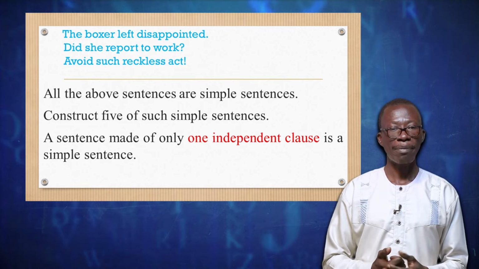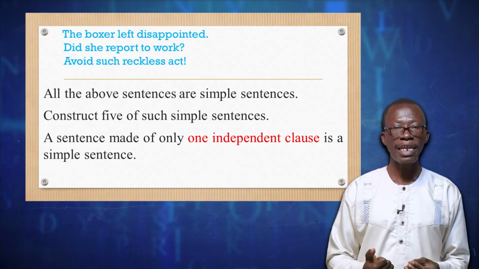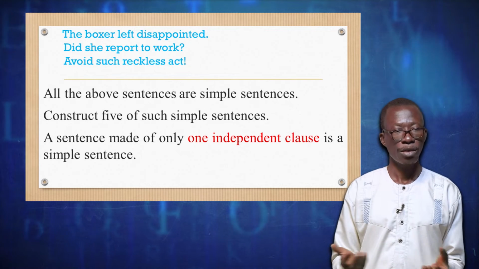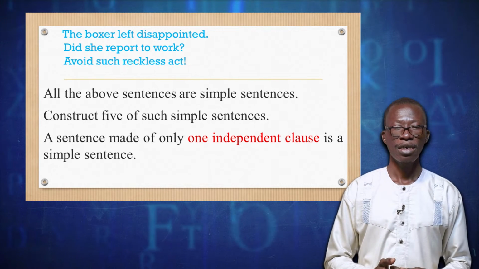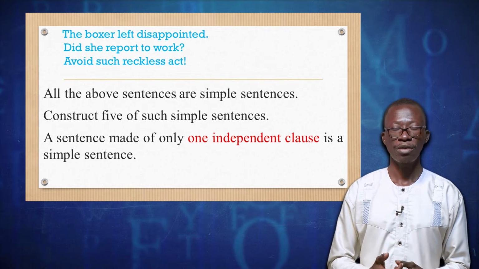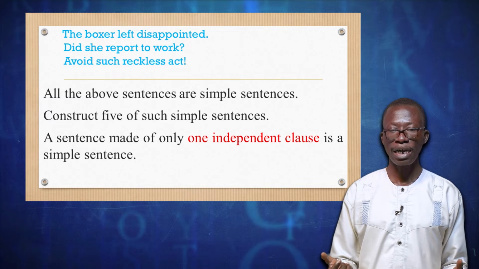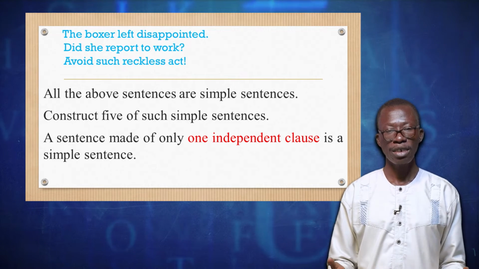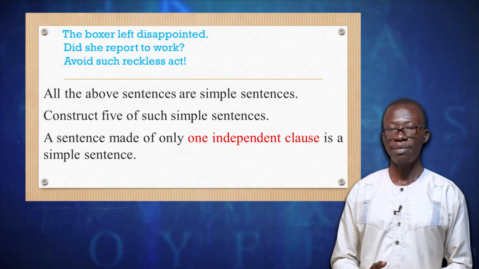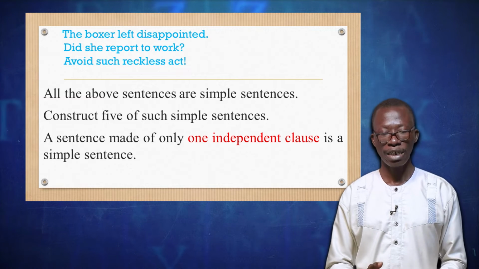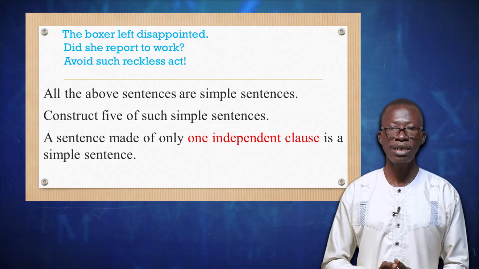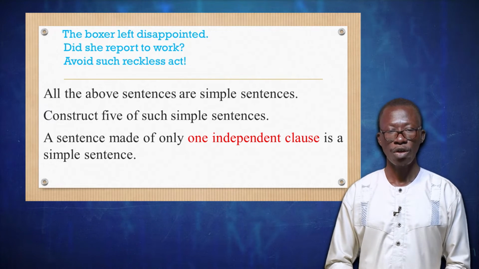Like what we have up there, the boxer left disappointed. We do not need any additional information to help us understand that that statement is complete. So such a statement is a simple sentence because it's made of only one independent clause.